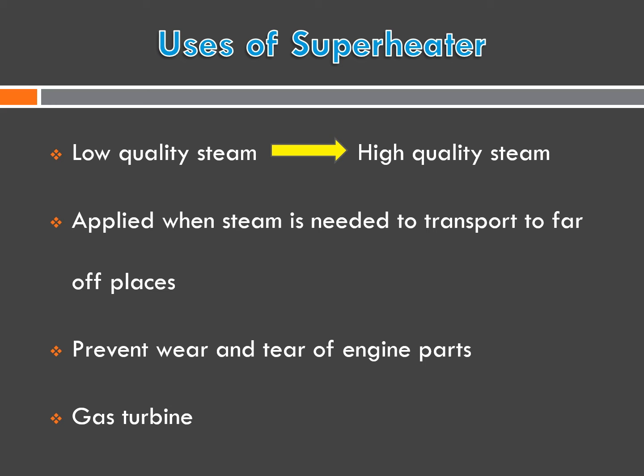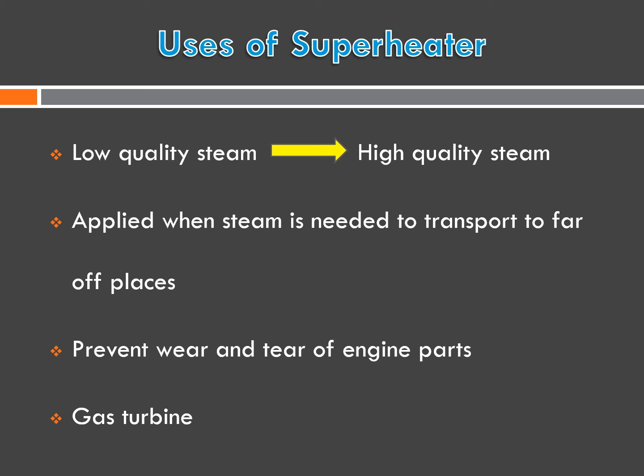Secondly, a superheater is usually applied when steam is needed to be transported to far off places. Because when the steam is transported to far off places, it has certain losses during the transportation, which is temperature.